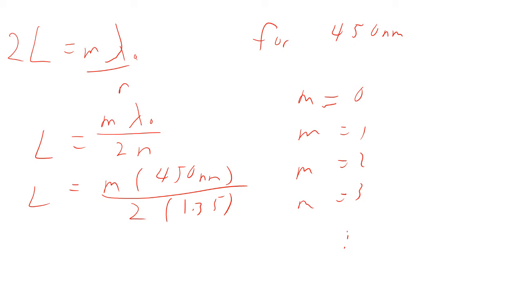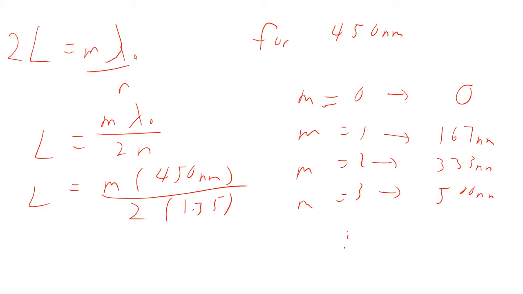Okay, so if m equals 0, obviously the thickness is 0. If m equals 1, it's 167 nanometers. If m equals 2, it's 333 nanometers. If m equals 3, it's 500 nanometers. And so we want to match this.